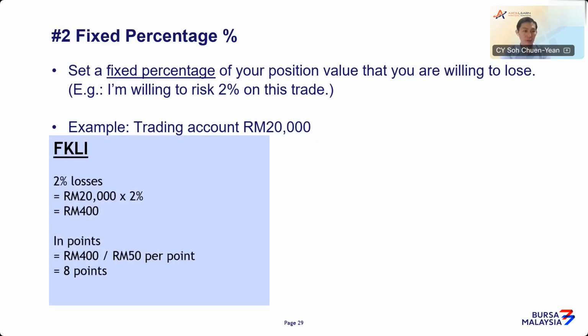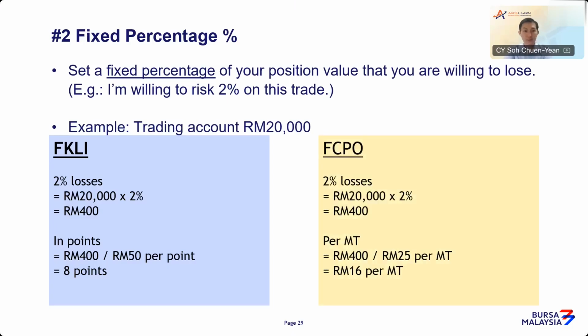So you take $400 divided by $50 per point. If you lose 8 points in FKLI, you need to get out of that trade, whether it is a long position or a short position. So this is a fixed percentage. Similarly, for FCPO, you measure based on how much you have in your trading account. 20,000 times 2%, so you're willing to lose $400. $400 divided by $25 per metric ton means if FCPO is against you by 16 points, you need to get out of your trade immediately.